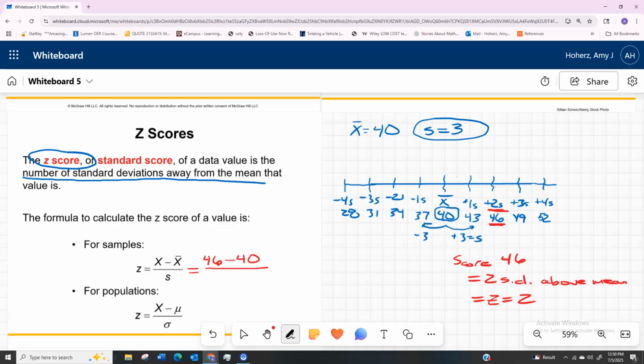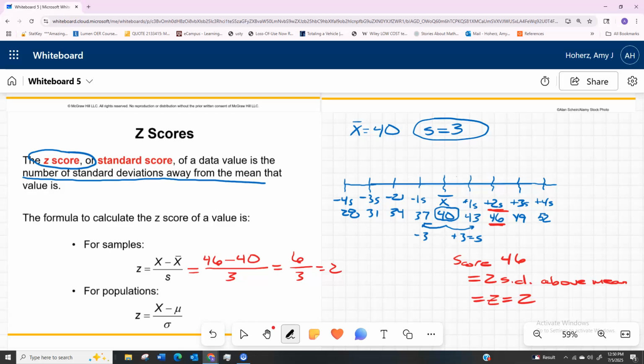And then the s would be the 3. So remember, we got 2 when we did it on our number line here. So let's look at it without the number line. Let's do it with the formula. 46 minus 40 is 6. 3 is what we divide by, and we get 2. So this is a way to, without drawing the number line, calculate the z-score.